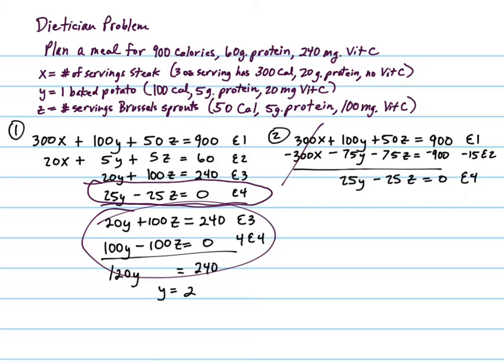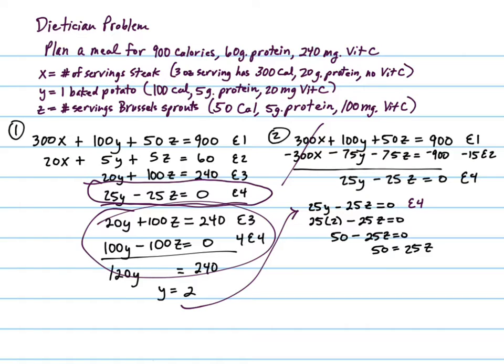For me, I figured that was the easiest one to work with, so that's the one I used next. And so 25y minus 25z equals 0. We're using equation 4, and we're plugging in for y. So we'll get 50 minus 25z equals 0. And so I end up with 50 equals 25z, which means z is 2.